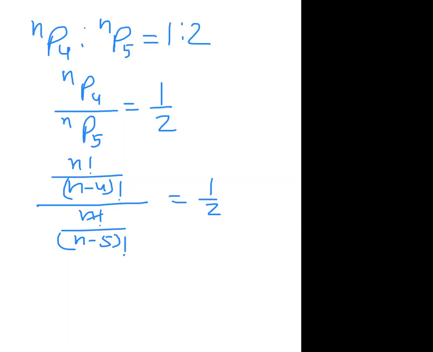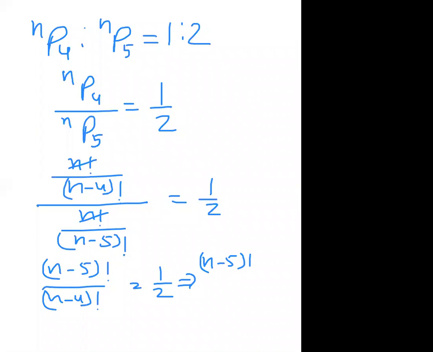Now n factorial and n factorial will get cancelled. What I could write: n minus 5 factorial upon n minus 4 factorial equals 1 by 2. n minus 4 factorial can be written as n minus 4 into n minus 5 factorial.